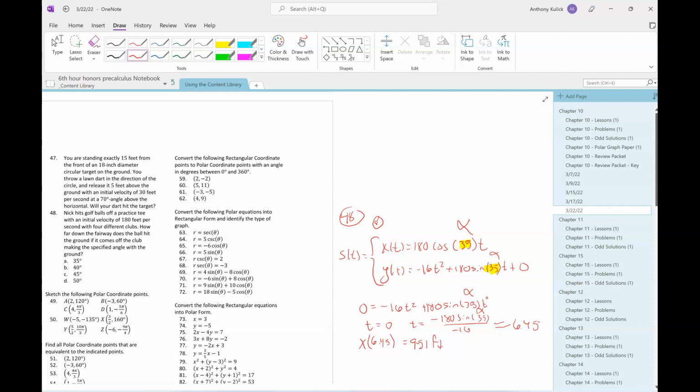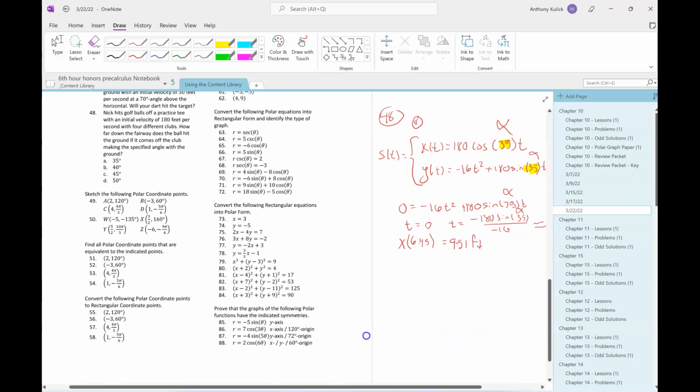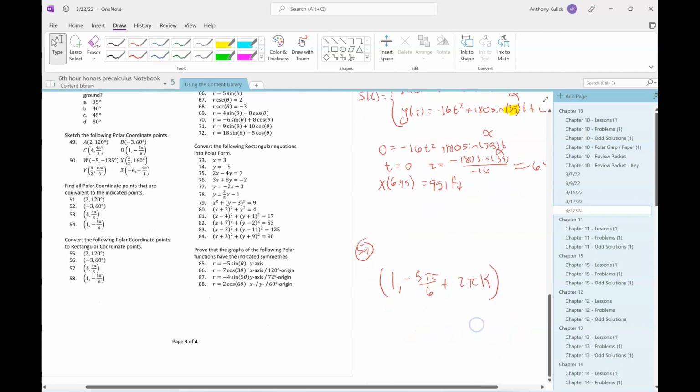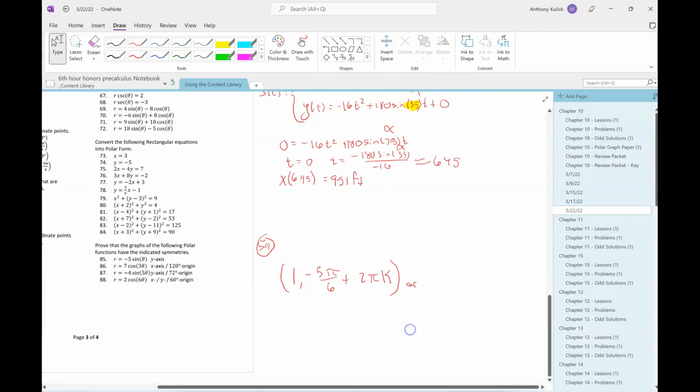Can you do 54? Sure. So it says, find all the polar coordinates equivalent to this point. So you have everything that's coterminal to this point, right? Yeah. Or you can have the things that are negative.